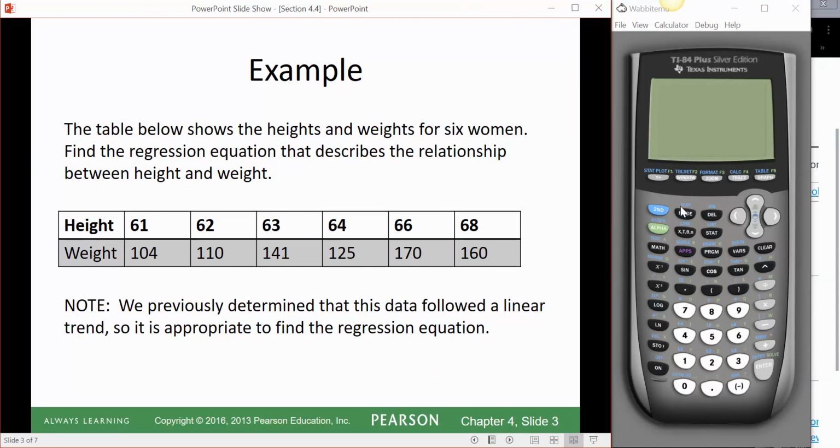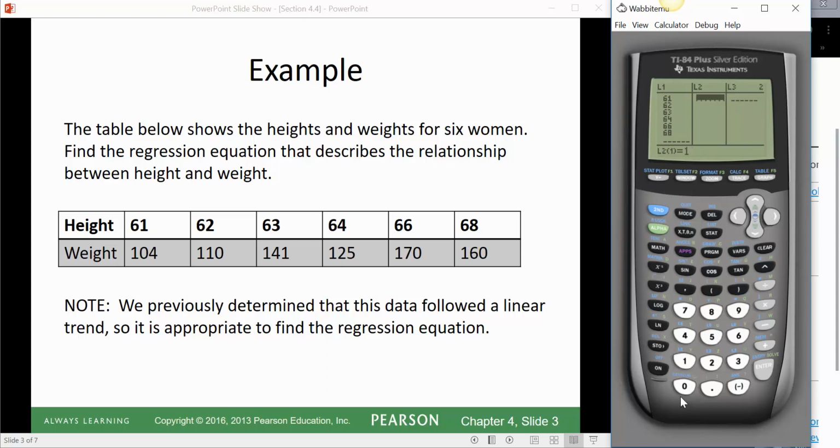To do this, we turn the calculator on, go into the stat menu, and go to edit. We just need to input the data first. I'm going to put the height in L1. So we have 61, 62, 63, 64, 66, and 68. Then I'm going to go over here and enter the y values.